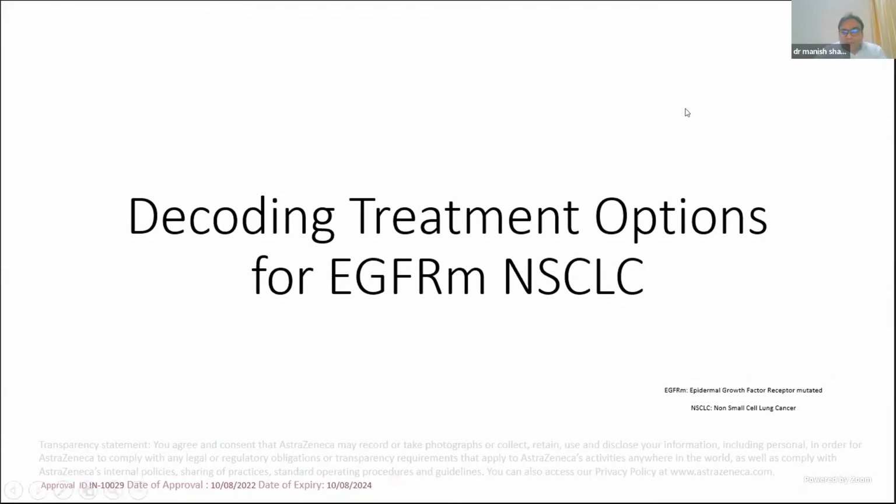In this evening webinar, we will be discussing, if you can confirm my screen is visible so that we can start today's meeting, the topic given to me: decoding treatment options for EGFR mutated NSCLC. I will be speaking on the different kinds of drugs that are available for the treatment of EGFR mutant NSCLC.